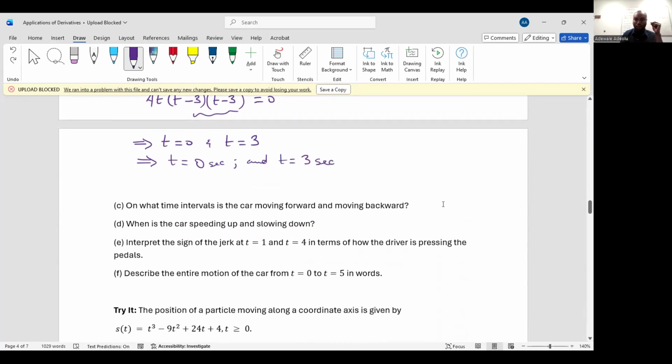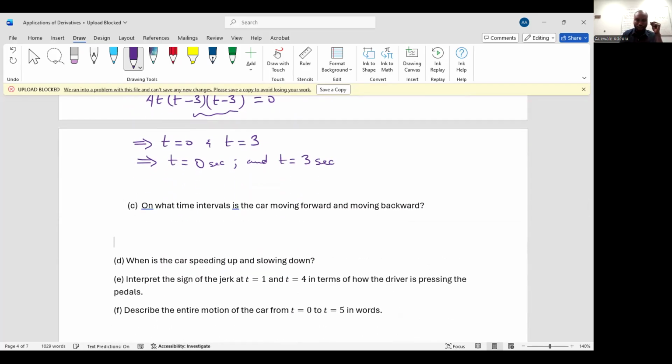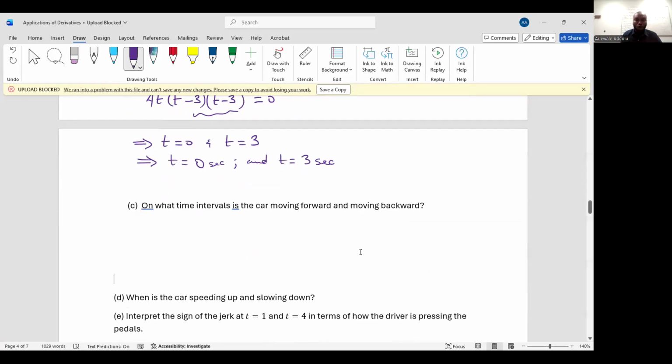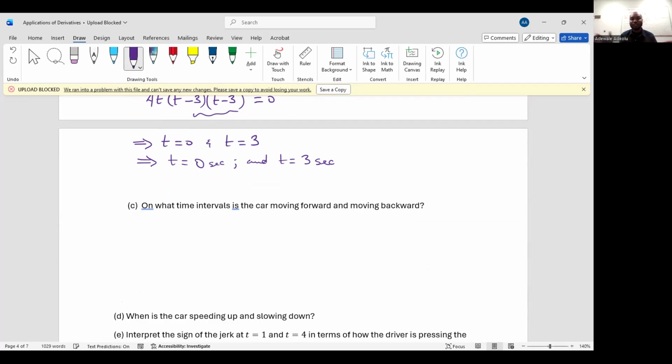All right. Next question. On what interval of time is the car moving forward and moving backward? We want to know the interval of time.